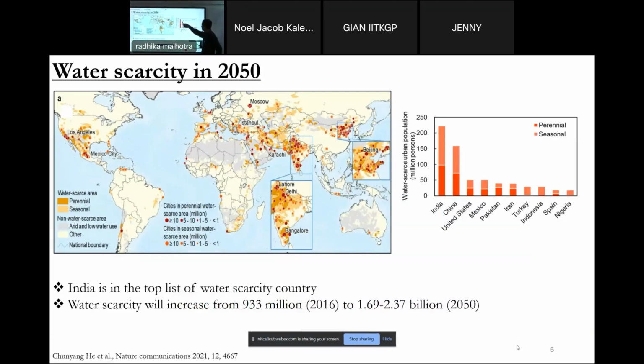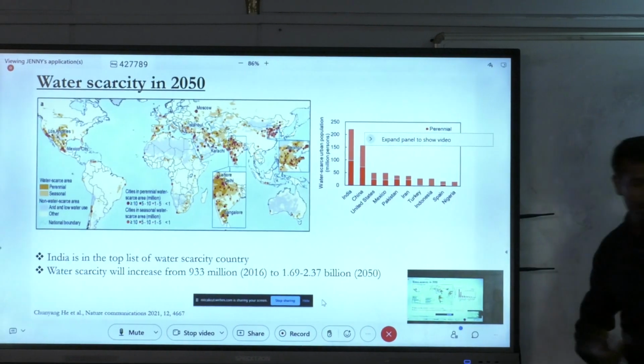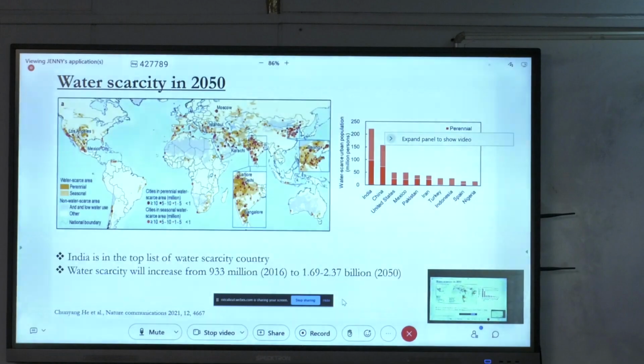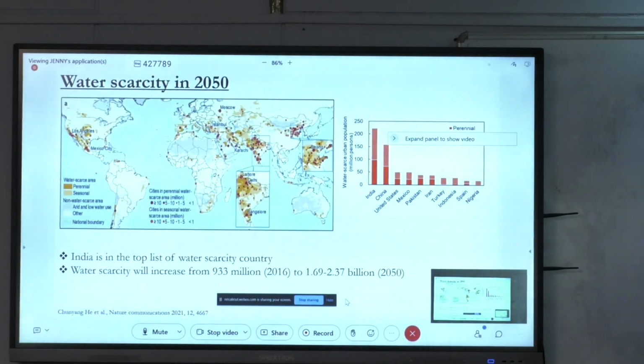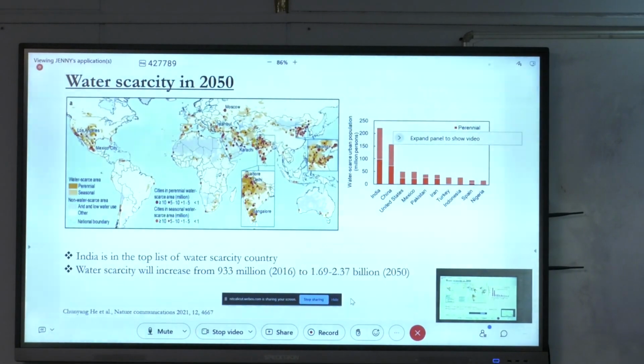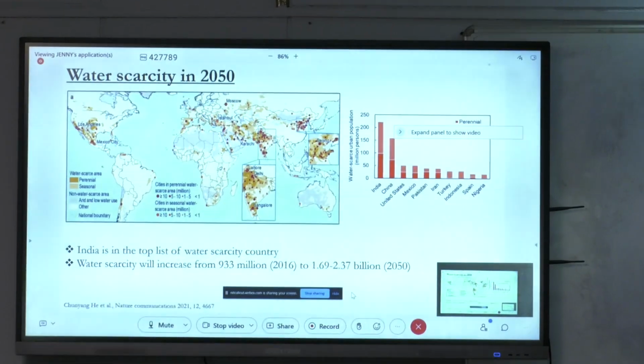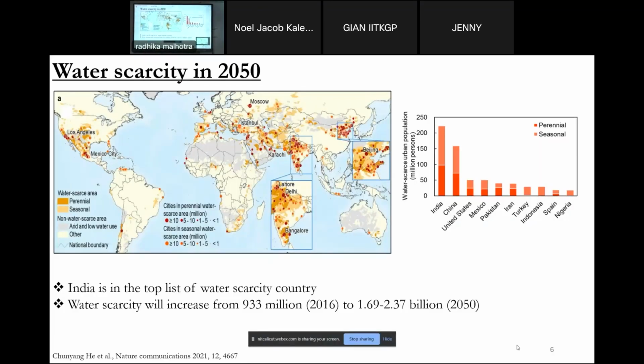This is actually an expanded panel. The dark color is perennial, all over the year, and the light color is seasonal. So if you compare with other countries, India and China stand at the top.